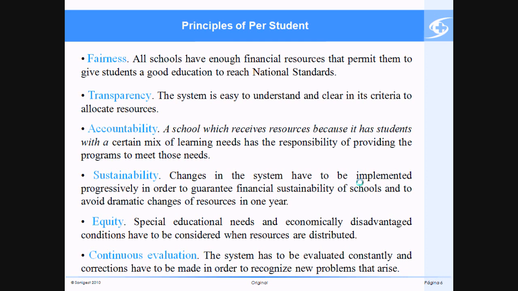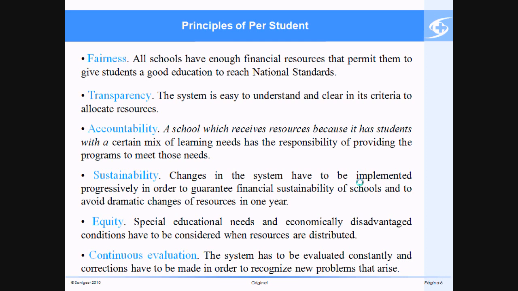Third, we want to ensure a system that is accountable. A school that receives resources because it has students with certain characteristics of learning needs has the responsibility of providing the kinds of programs and services to meet those needs. They should be accountable to their clients.